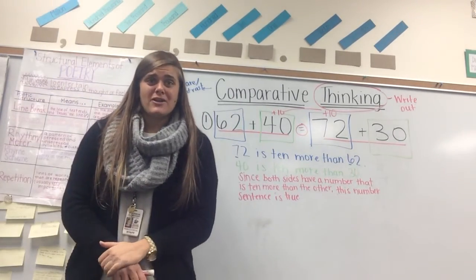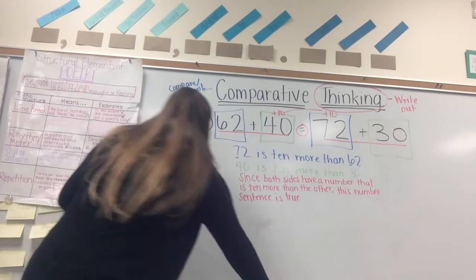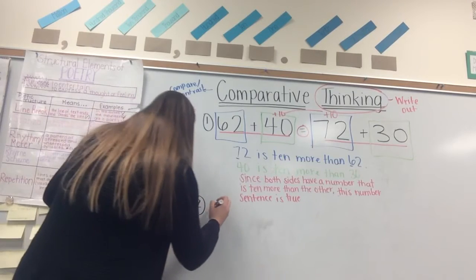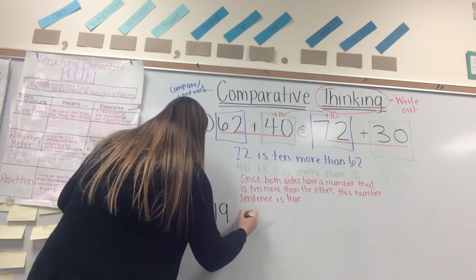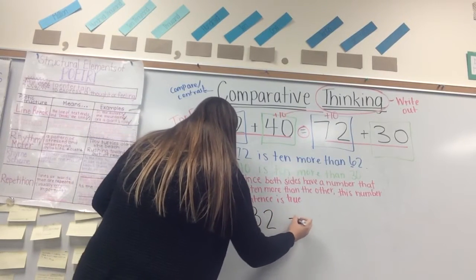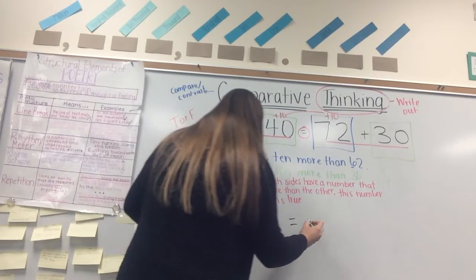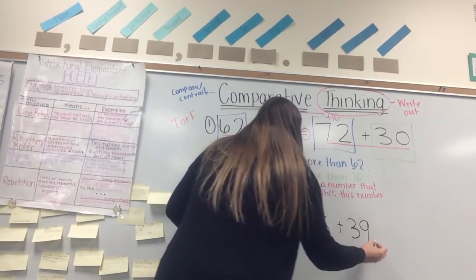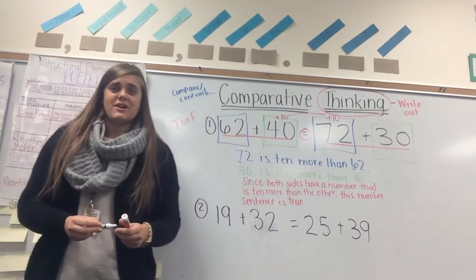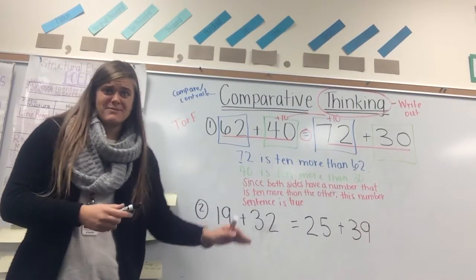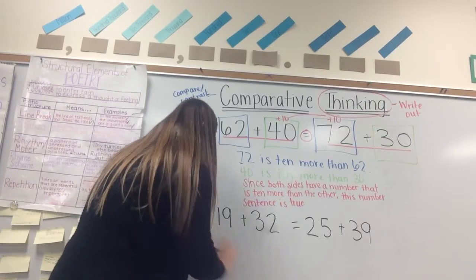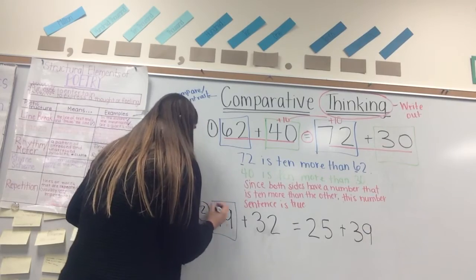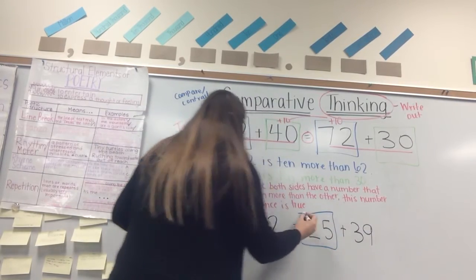So I'm going to show you another problem. If we have 19 plus 32, is that equal to 25 plus 39? Now, what I do to solve these problems is I look at the first number on each side. So I'm going to look at the 19 here, and I'm going to look at the 25 here.